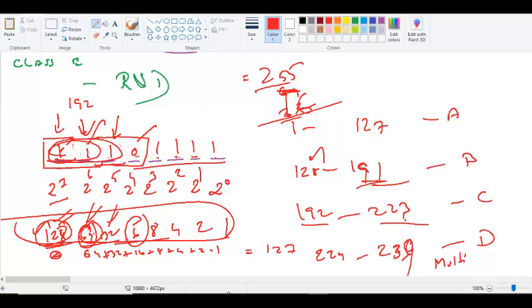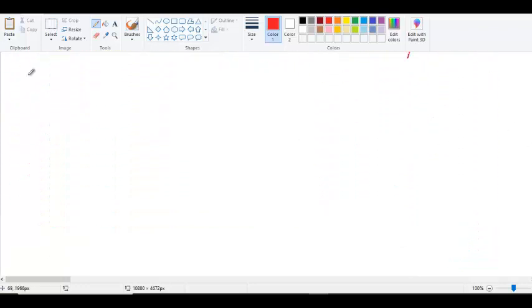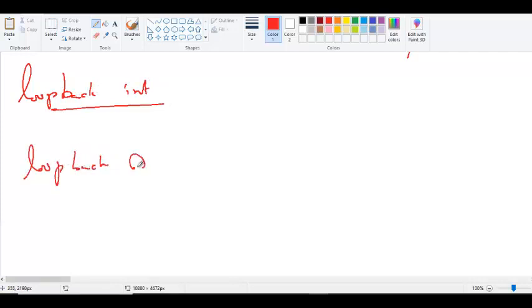All right. Now let us move on to the loopback address. Loopback interface is different. On the routers, we create a virtual interface called loopback interface. The address that we put under that interface is not a loopback address.